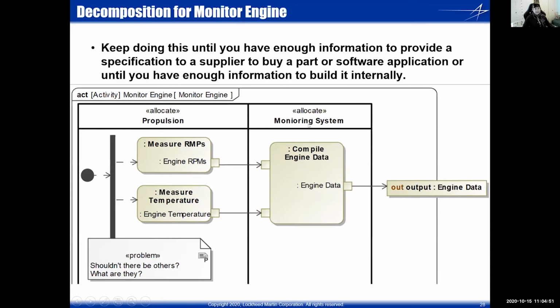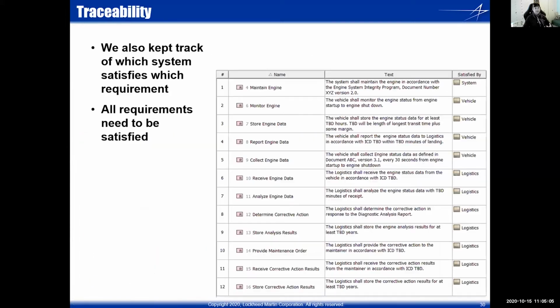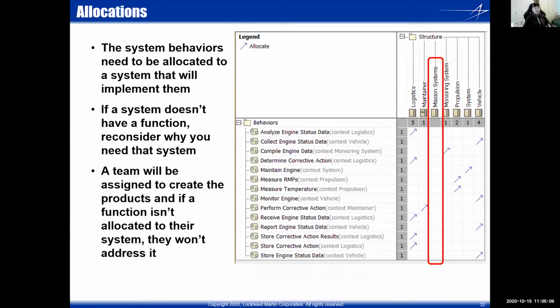Instead of going through every single one of these activity diagrams, and on one of our real programs, I might have 300 or 1,000 of these, to see if all my activities are in a swim lane, I can have one of our modeling tools generate this table for me. So I have my allocations table here with my system elements again, and these are all the activities that I have defined so far.